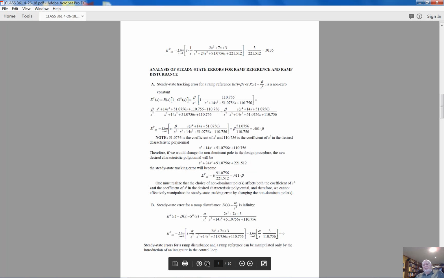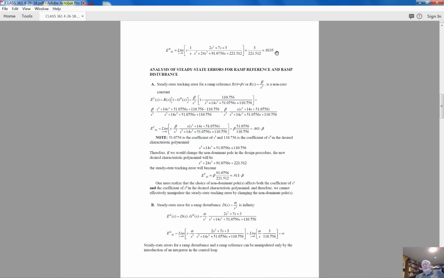Let's see what happened. What will happen is this. Obviously, the characteristic polynomial of the closed loop system will be different, and it will be different for the transfer function for error, transfer function for disturbance, and transfer function for reference.